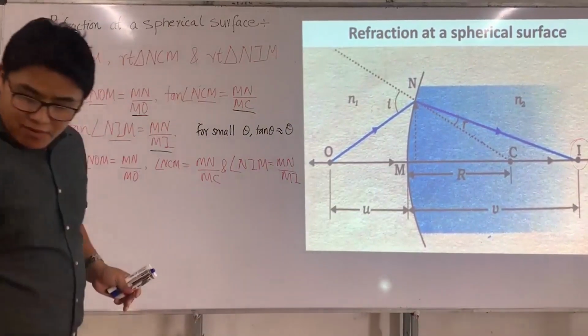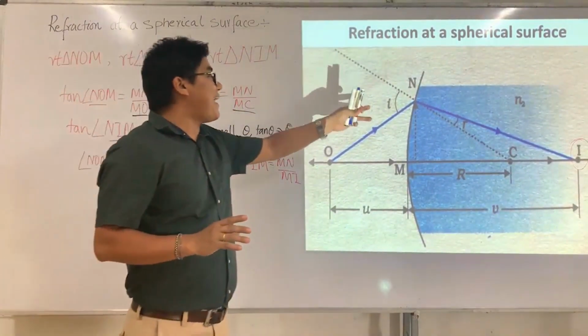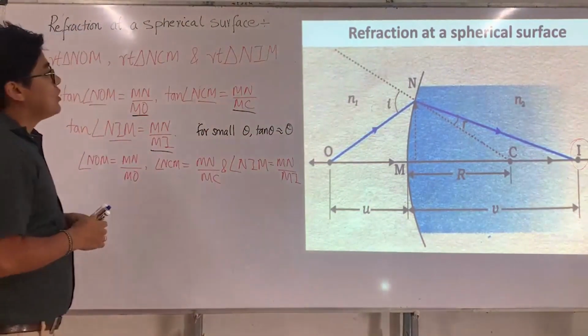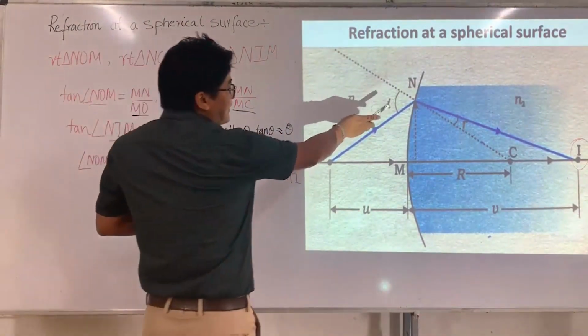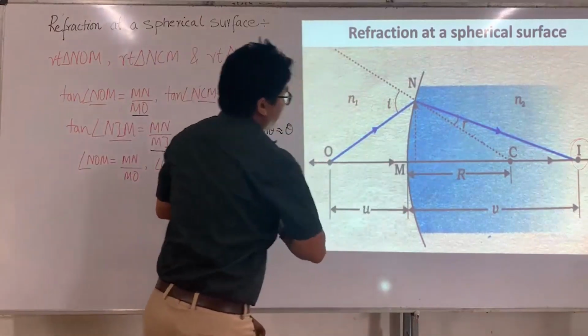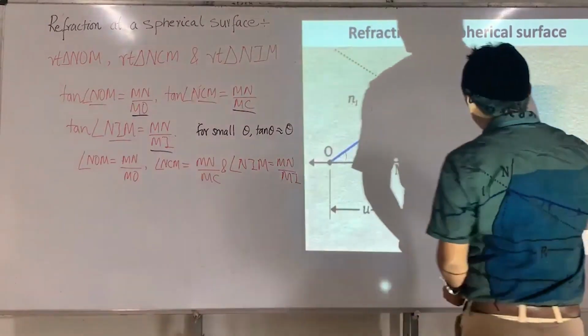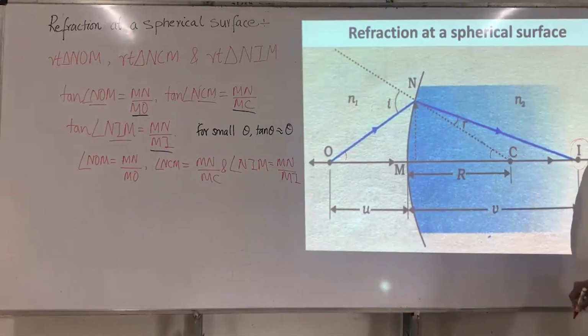So look at here, our main purpose is to find out what is I and what is R, alright? So therefore, this is exterior angle of these two interior angles, right? I'm going to use red here, alright?